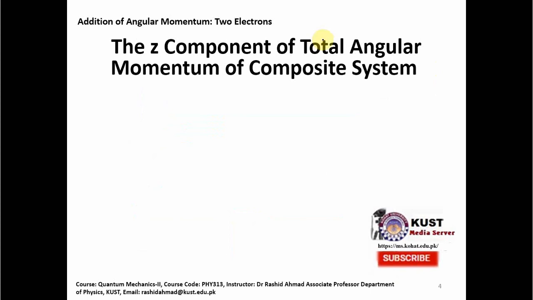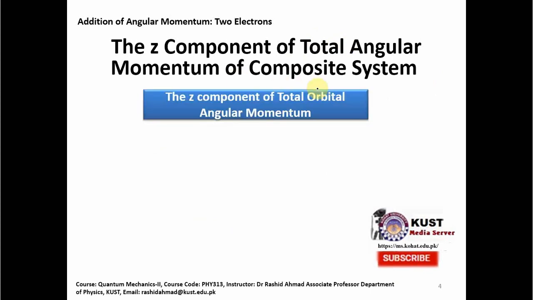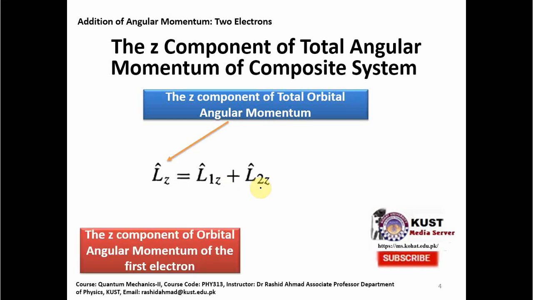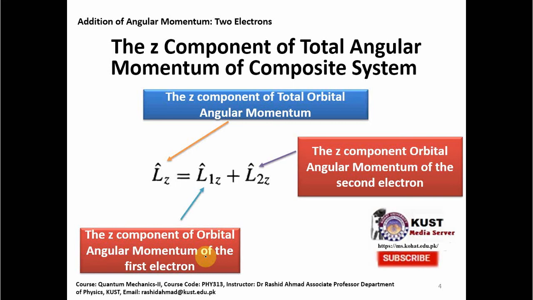To find the z component of the total angular momentum of a composite system, the simple formula is Lz = L1z + L2z, where Lz is the z component of the total orbital angular momentum, L1z is the z component of the orbital angular momentum of the first electron, and L2z is the z component of the angular momentum of the second electron.